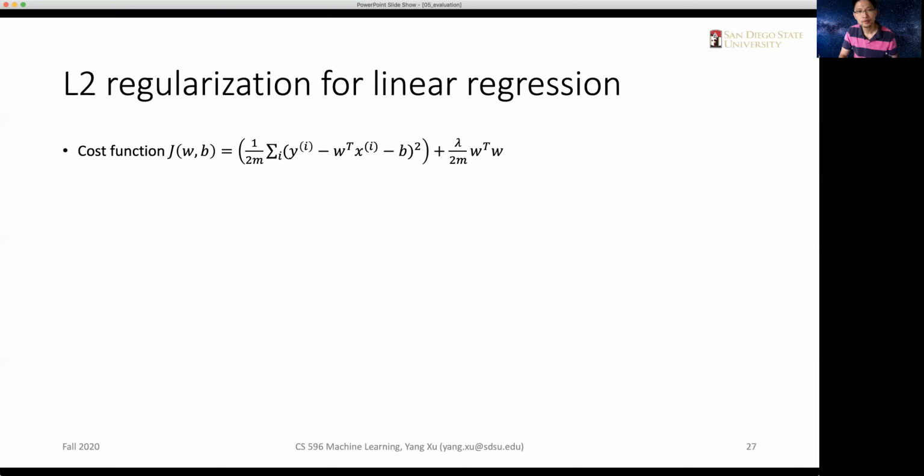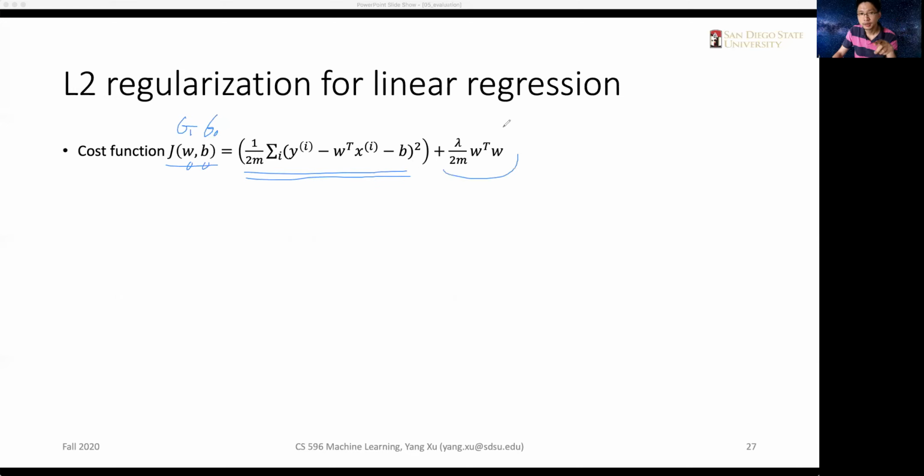Okay. So in this concrete example of linear regression, here's a bit of review. The cost function, now we write it in terms of W and B, but they are basically the same as θ1 and θ0, okay? So the original cost is the mean square error, right?